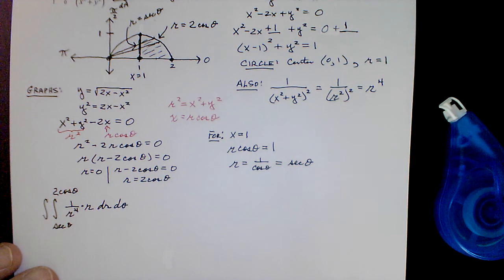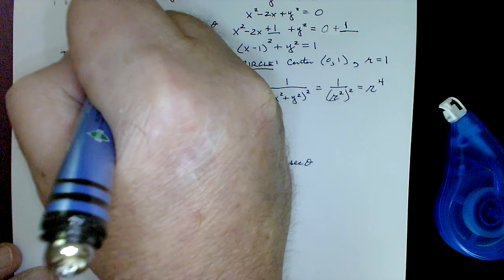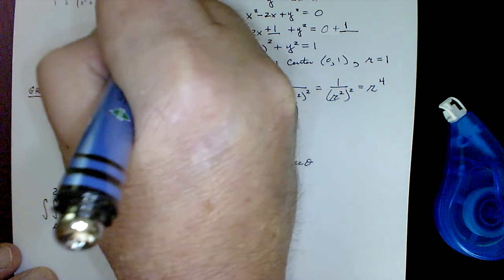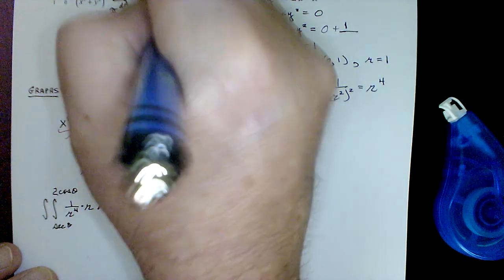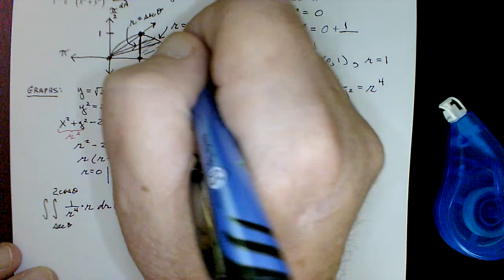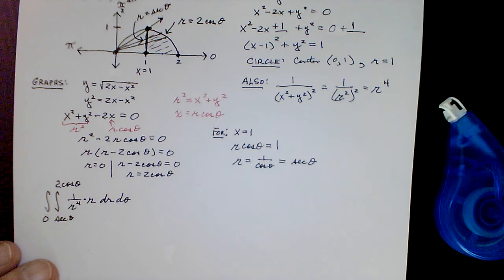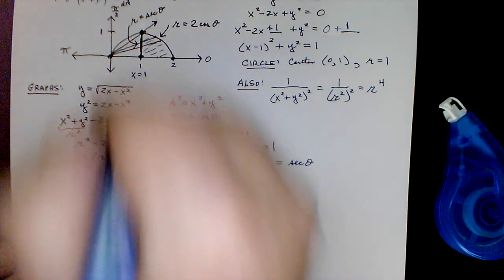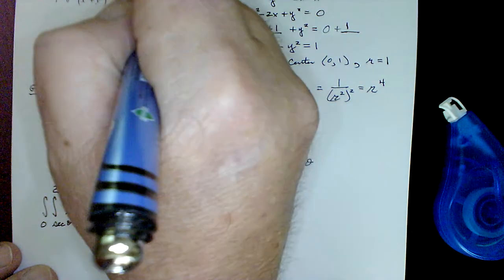And then the angle is ranging from 0 to this point right here. It's picking up little pieces here, but it stops right here at that point. That's the radial line. So the lower radial line is 0, but the upper radial line, well, if this value of x is 1 and this value of y is 1, then that must be a 45-degree angle.